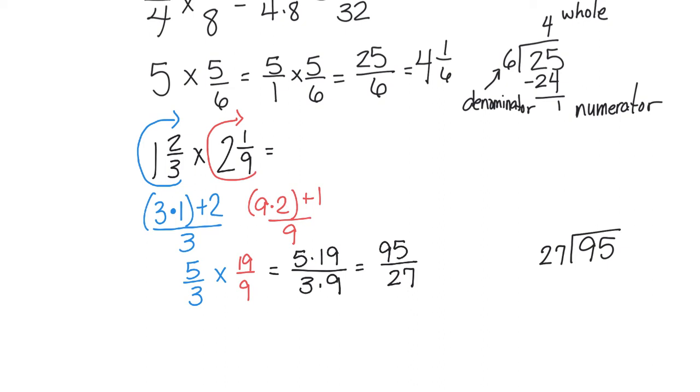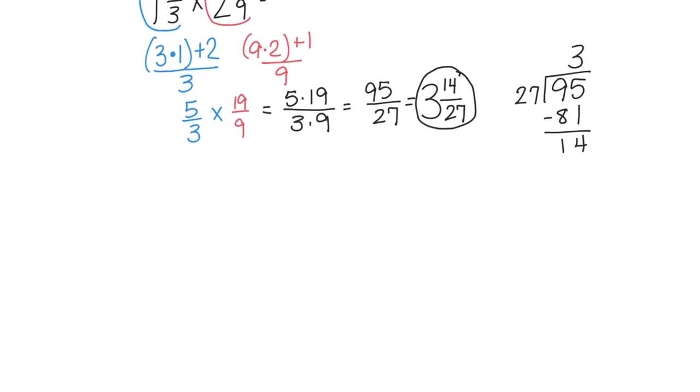And 27 will divide 95 3 times. And that will give you 81 with 14 left over. Then your mixed number would be 3 and 14/27ths. Once you get your answers, always check to see if they can be reduced by a common factor.